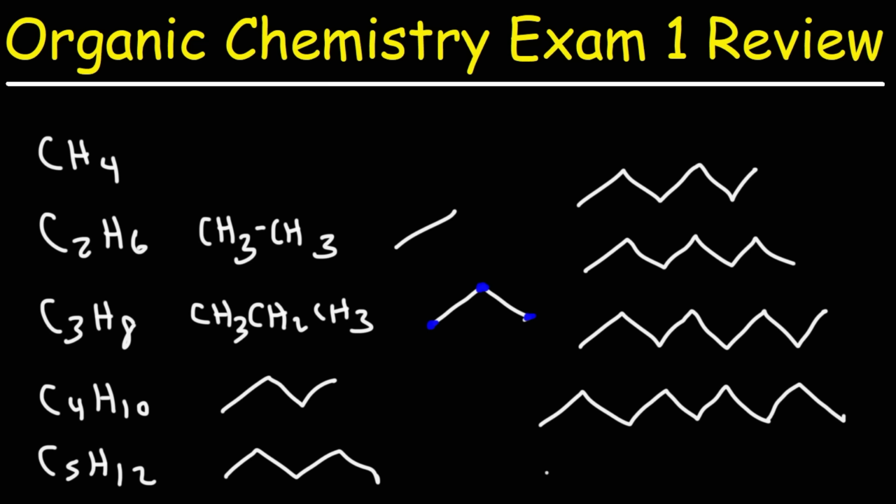C9H20 is nonane. And C10H22, that's decane. So you want to be familiar with the names of the alkanes up to decane. Now let's talk about IUPAC nomenclature.